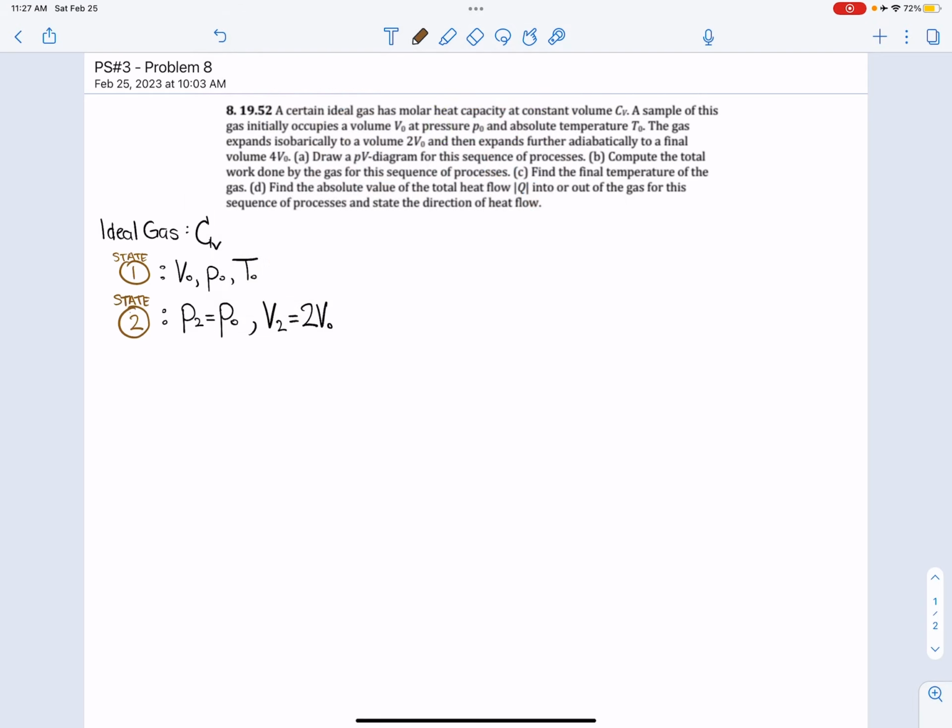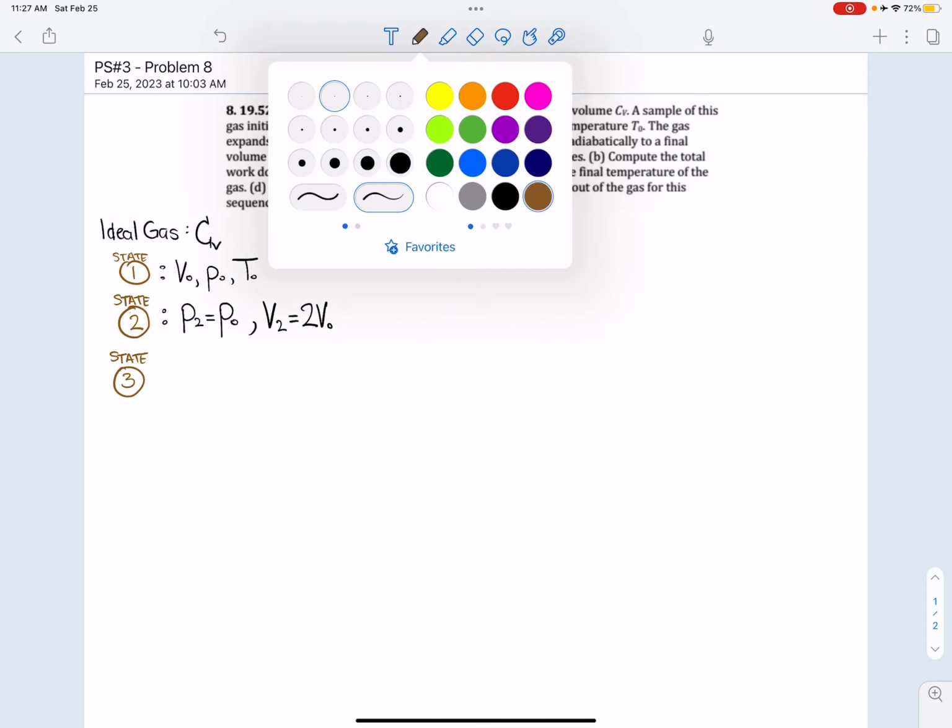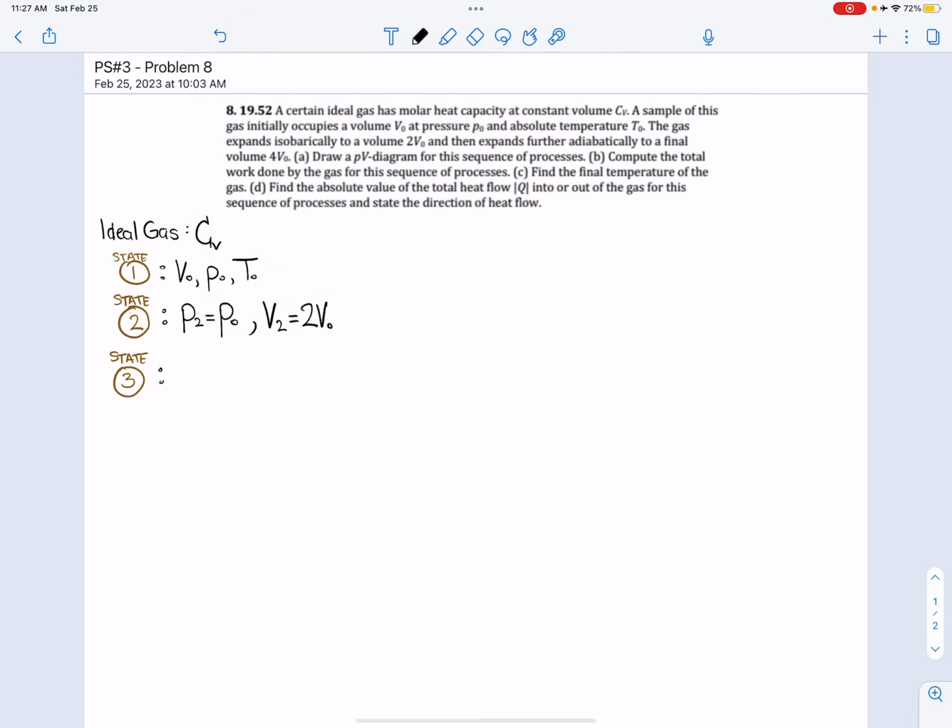And then it says it expands further adiabatically to a final volume 4 V0. So now we've got state 3. And from state 2 to state 3, it was an adiabatic process.